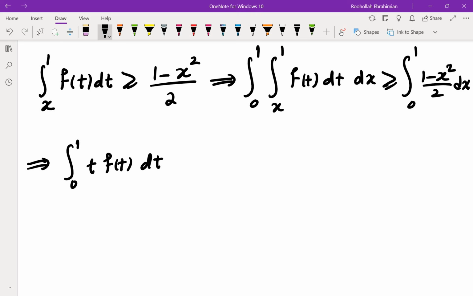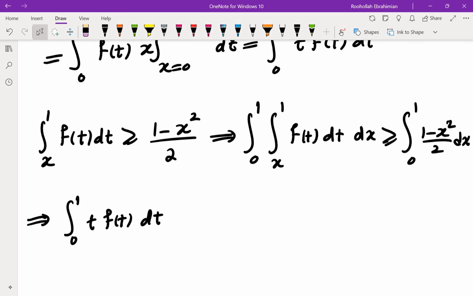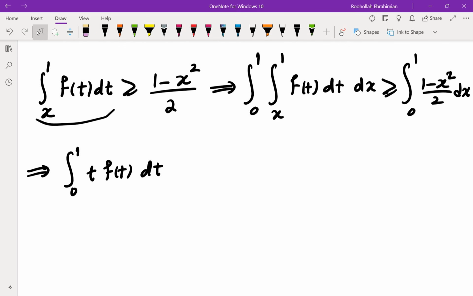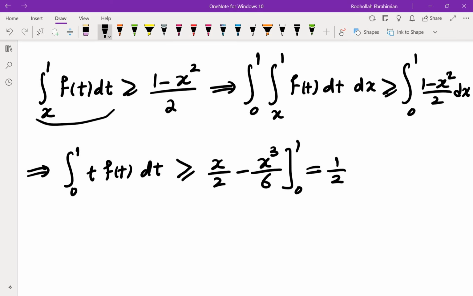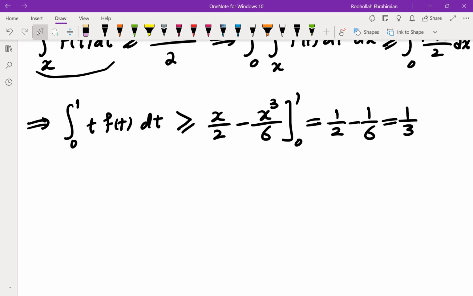Integrating the right side, we get x over 2 minus x cubed over 6 from 0 to 1. If we plug in 1, we get 1/2 minus 1/6, and if we plug in 0, we get 0. So that is 1/3. So this inequality is what we obtained.